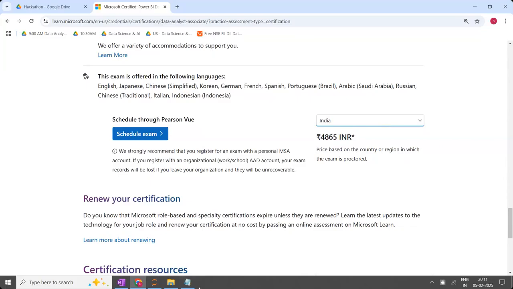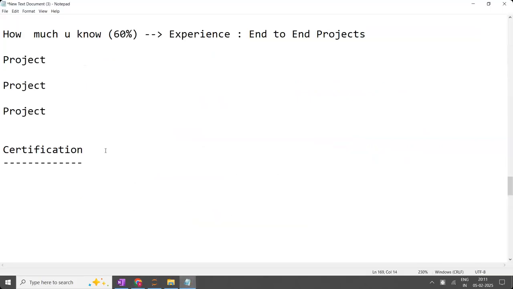So here, you are going to mention certification also, and this certification has 10% weightage. Any certification like Microsoft, or you can take Tableau certification or Amazon certification or Google certification, anything is okay. Any certificate by writing the exam is okay.